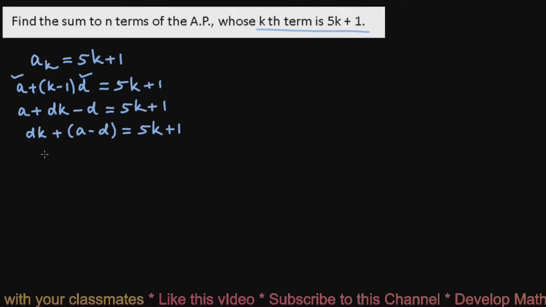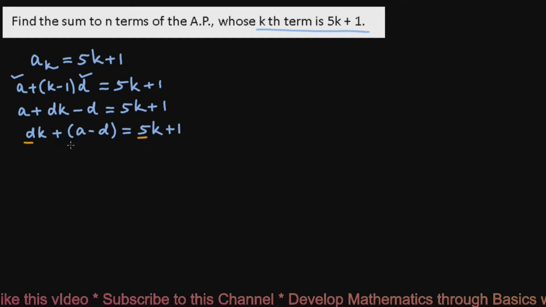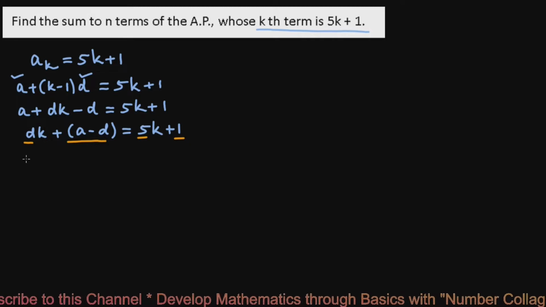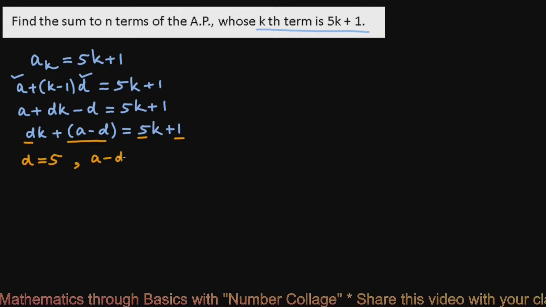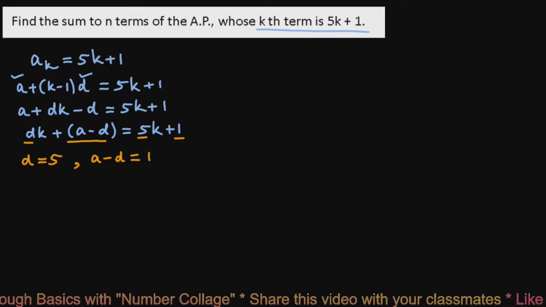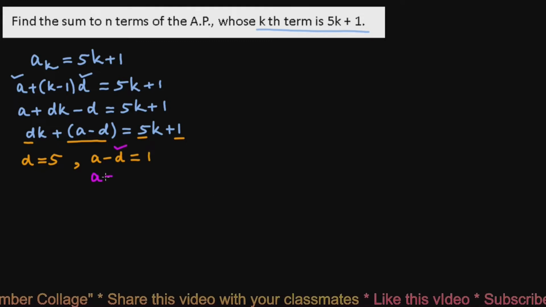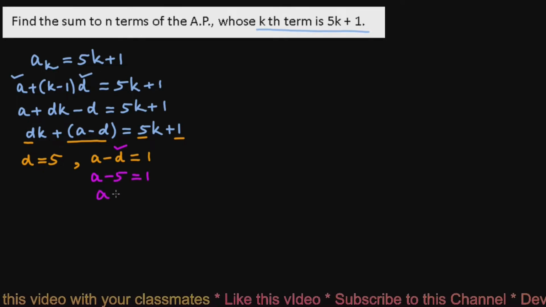Now we will compare the coefficients of k, d and 5, and the constant term a minus d equals 1. So that gives us d equals 5 and a minus d equals 1. We will put the value of d over here and write a minus 5 equals 1. That gives a equals 6.